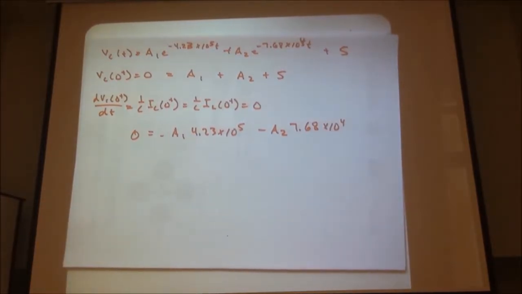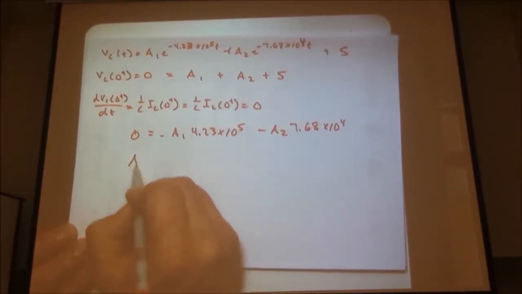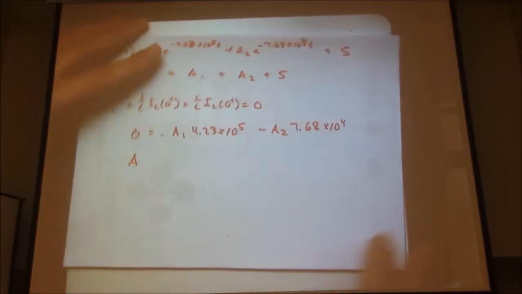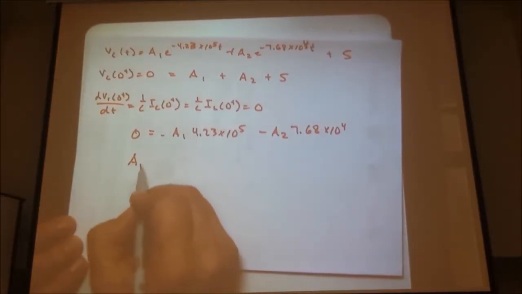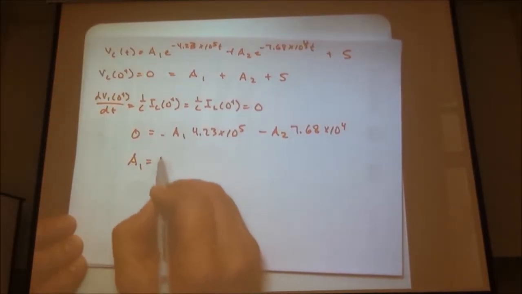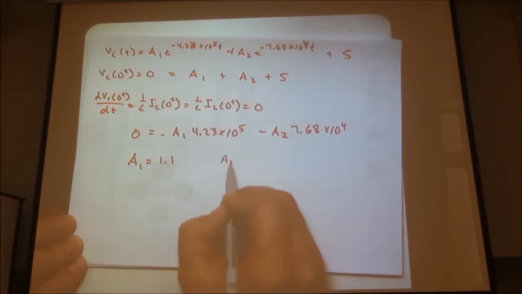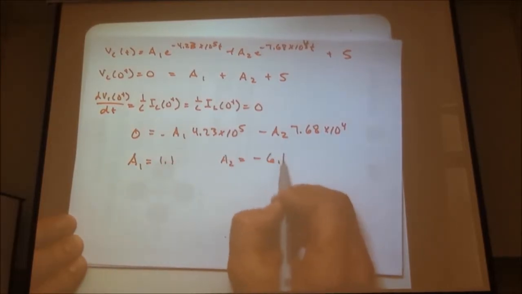And we have 2 equations, 2 unknowns. You can punch that in your calculator, of course, or however you're so inclined. Find those values. And what I found was A1 equals 1.1 and A2 equals minus 6.1.